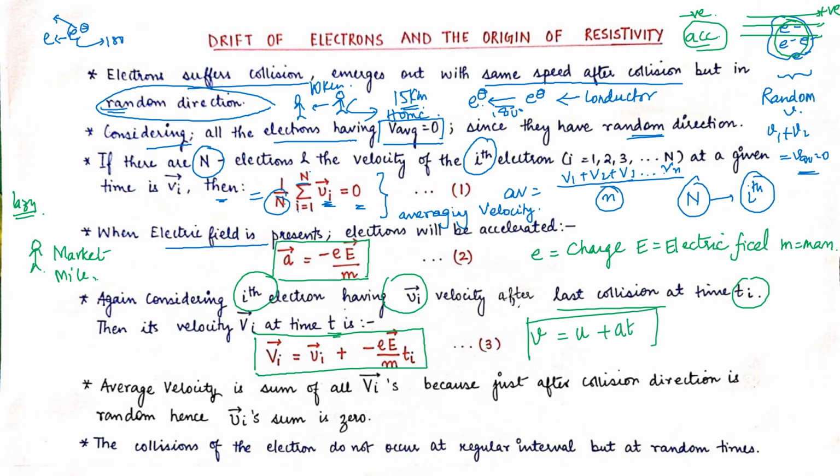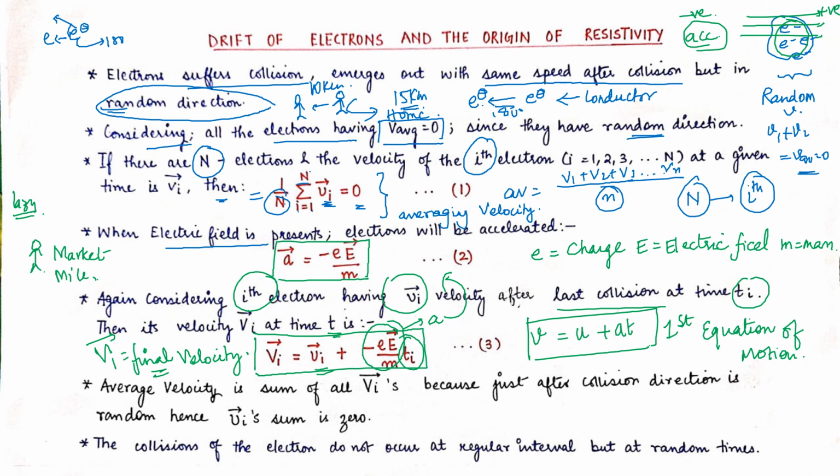This is the first equation of motion. So over here ti is the time under consideration and this minus eE upon m is the acceleration. See equation number 3. And vi is the initial velocity and capital Vi is the final velocity after time t.